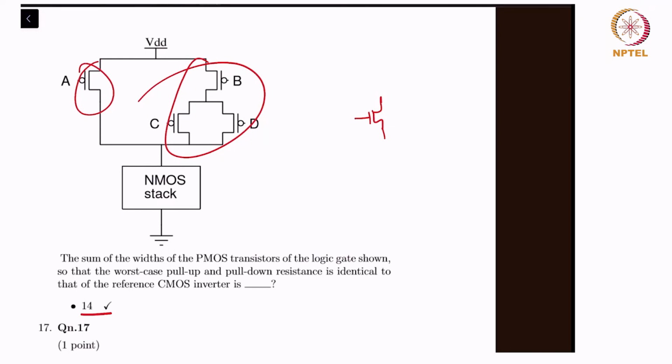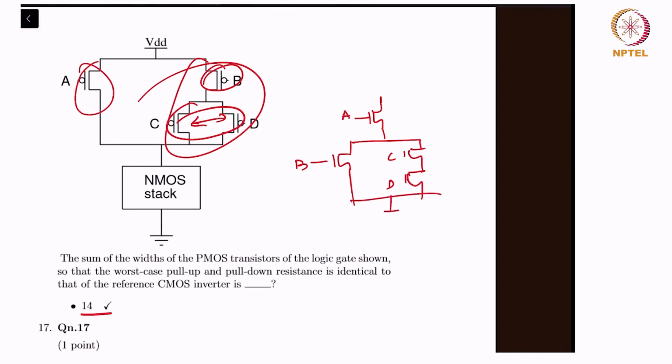B is in series with this, so it will become in parallel with that. So this A and this B is now in parallel with something, and these two guys are in parallel, so they now become in series. So that's C and D, right?